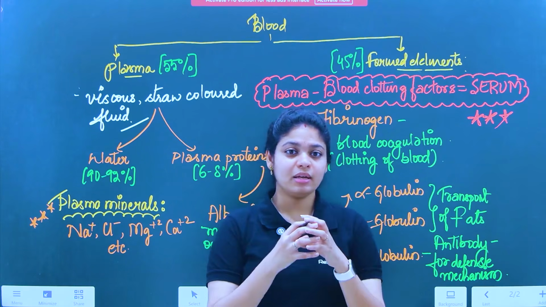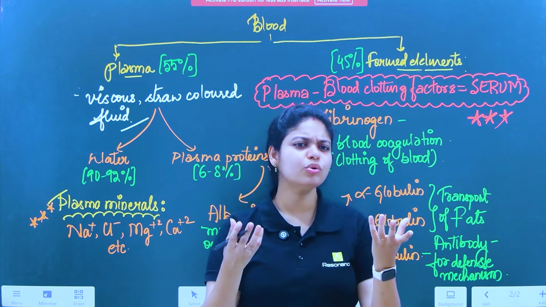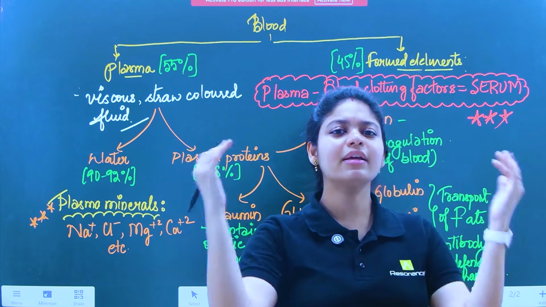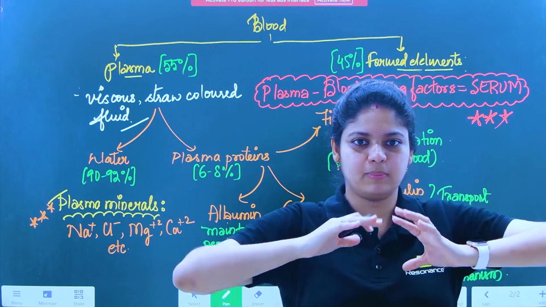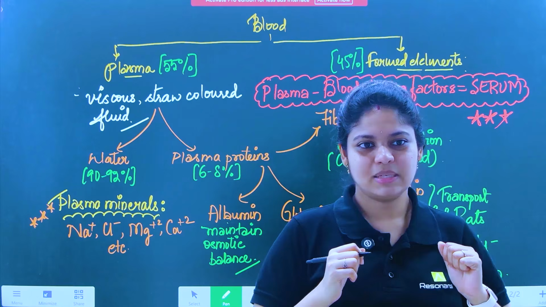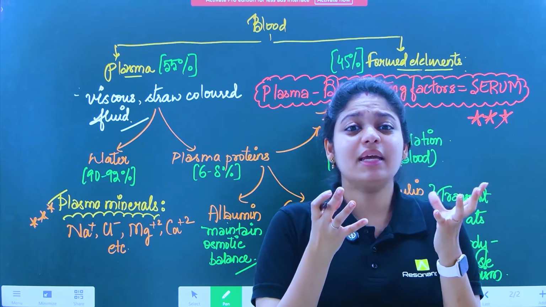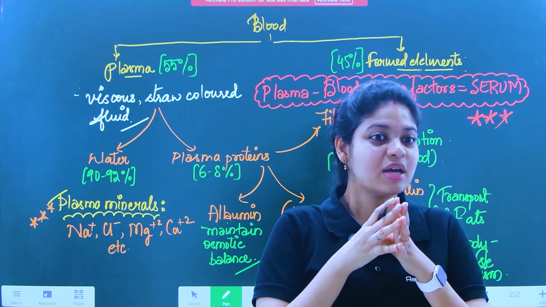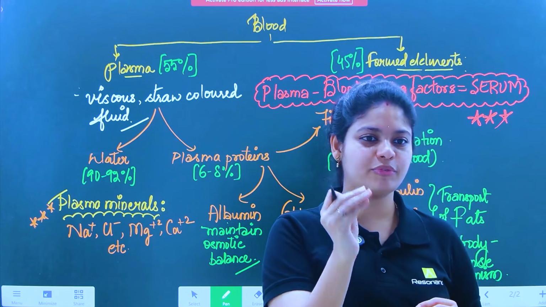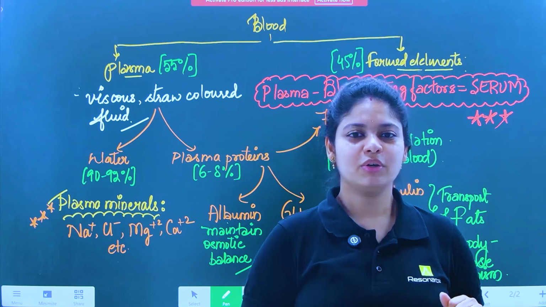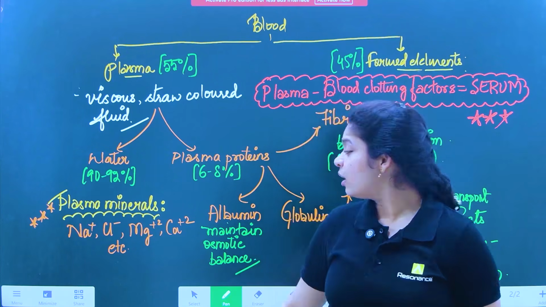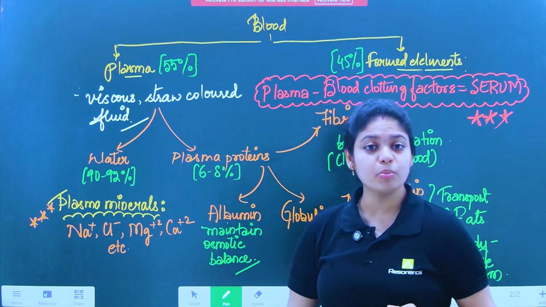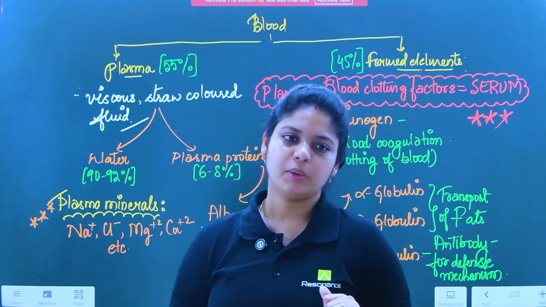If the cell gets more water, you know the condition. If the cell gets more water, what will it do? It will swell. If the cell lacks water, what will happen? It will shrink, right? So it should have a good amount of water to keep itself good.